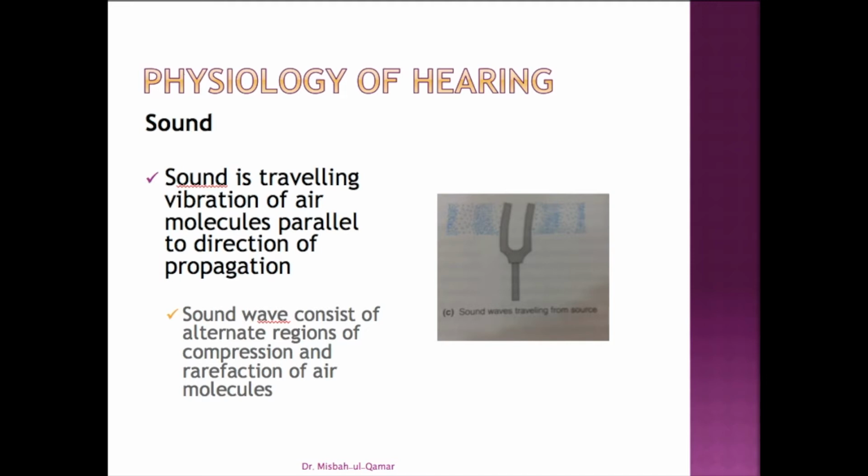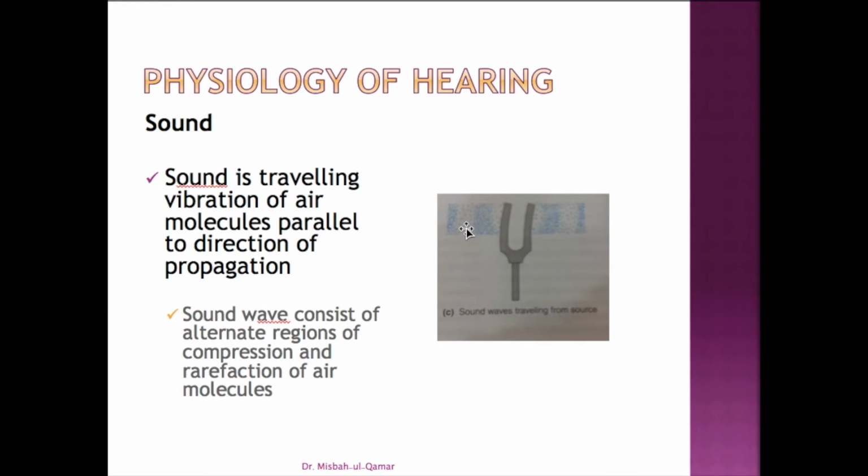Sound wave consists of alternate regions of compression and rarefaction of air molecules. As you can see in this diagram, there are regions of compression here, and then there are areas of rarefaction where the air molecules are quite dispersed.